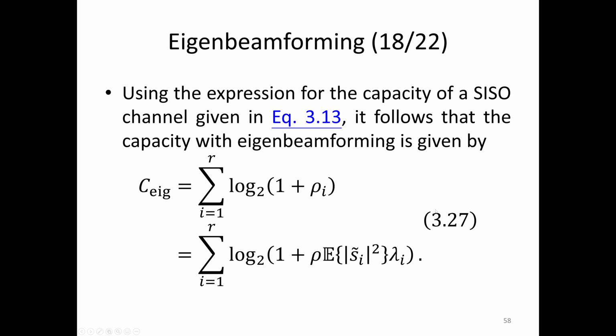In equation 3.27, we can see that C_EIG, that is the capacity with eigenbeamforming, is equal to the summation from i equals 1 to R of log 2 of 1 plus rho_i. Rho_i is equal to rho times the expectation of the square of the absolute value of s tilde i times lambda_i.